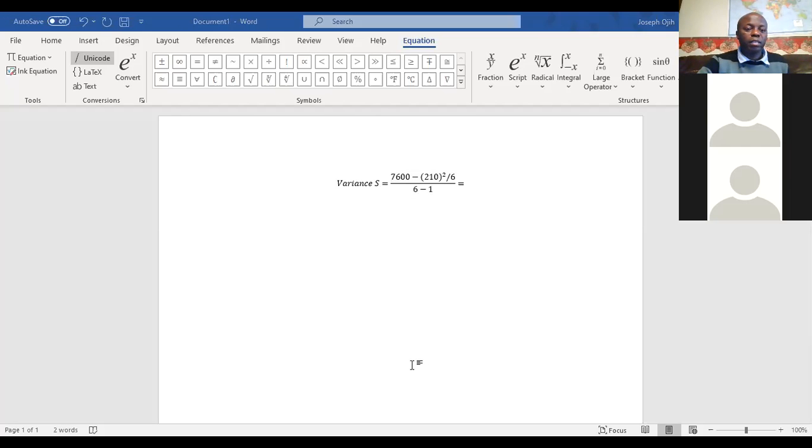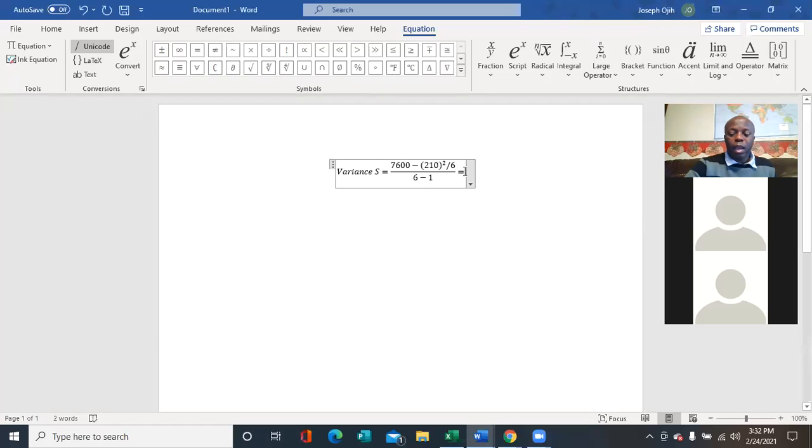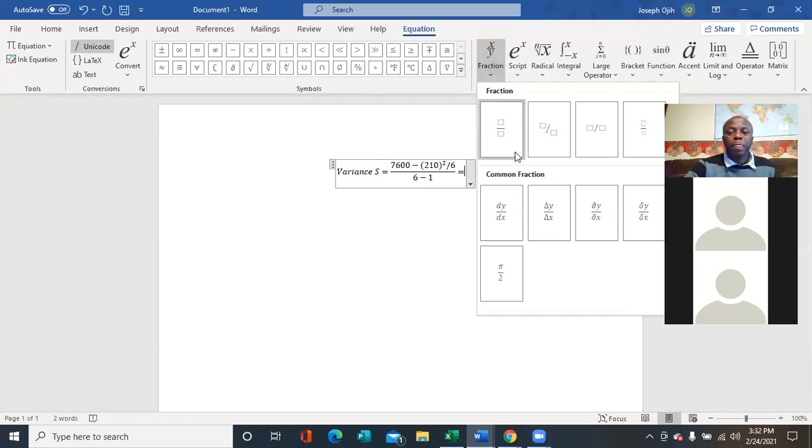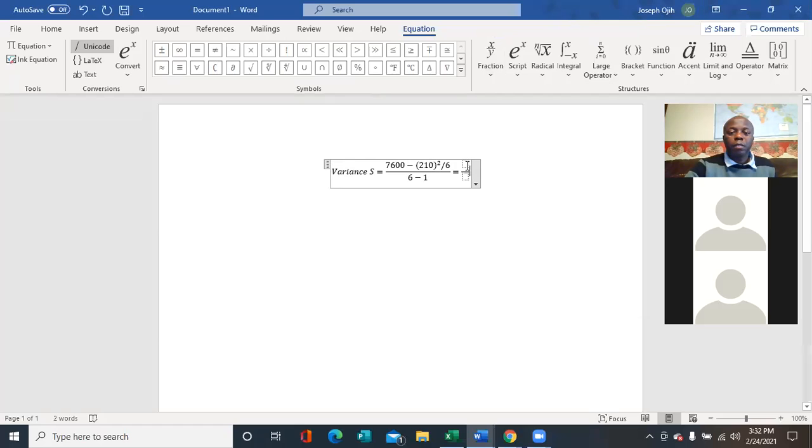When you simplify this, I've got 7,600 minus, now this part, 210 squared over 6.